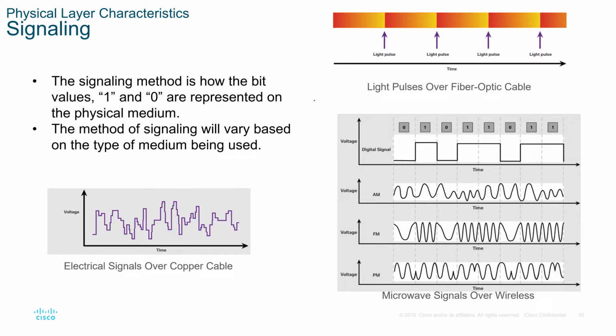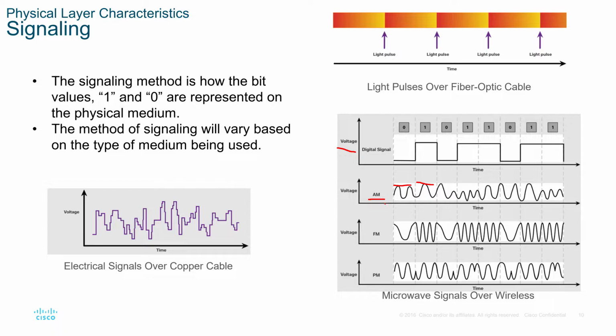Here are some other types of signaling, some of which you may be familiar with. This is just a voltage signal in that we go from a low to a high. The high represents a 1, the low represents a 0. We could also change the voltage in amplitude modulation, meaning that a low would be at one amplitude, a high would be at another amplitude.